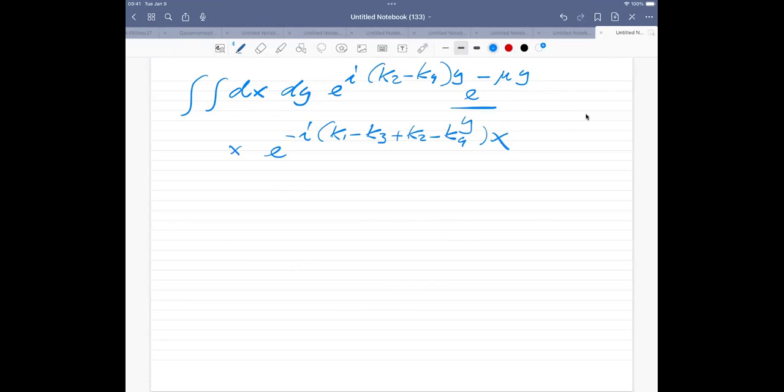Now, the integral over x here, if you multiply that one by 1 over x, and this term here, just gives us the definition of the Kronecker deltas. So that's just another way of defining them.